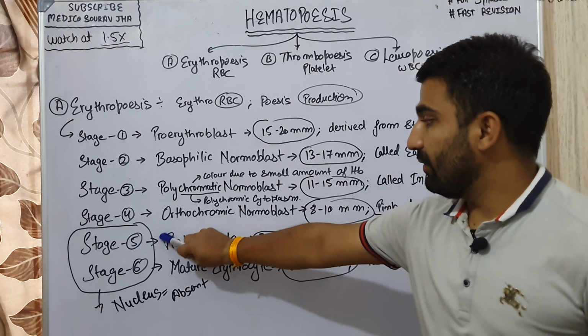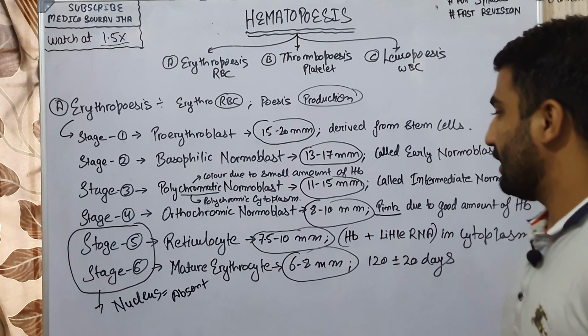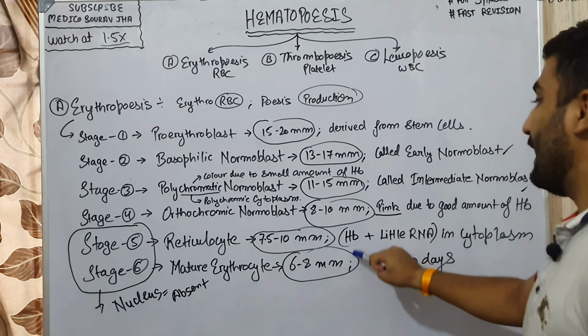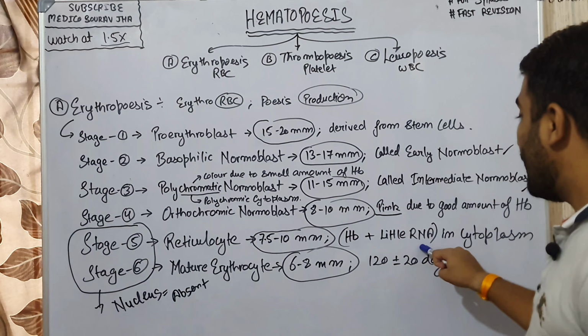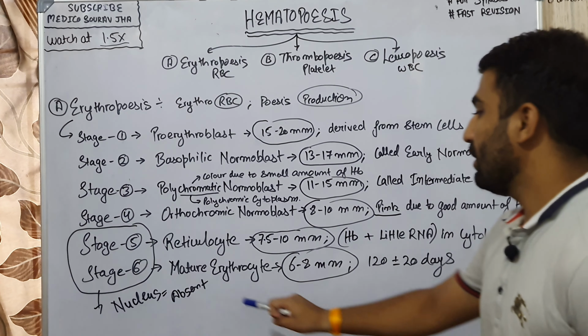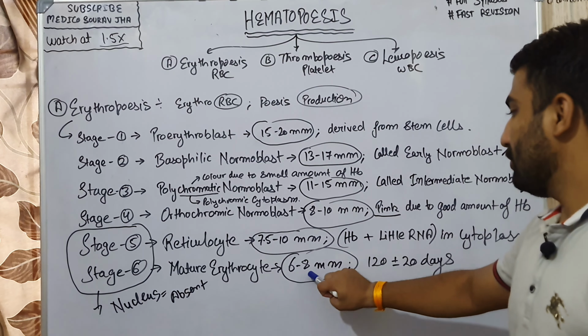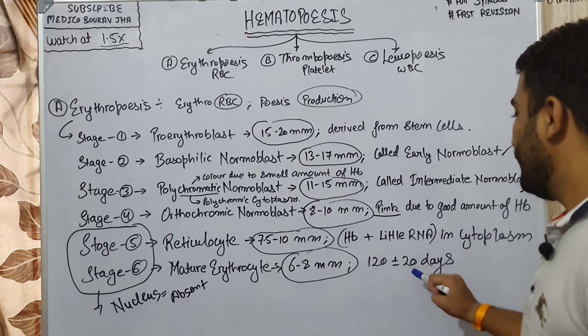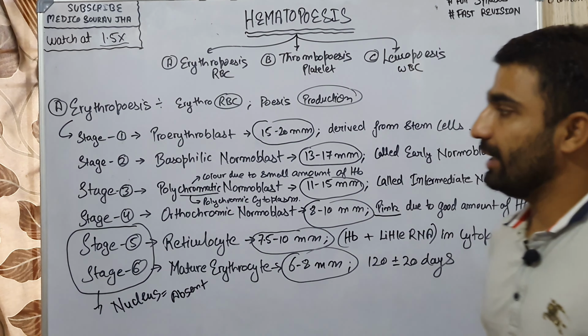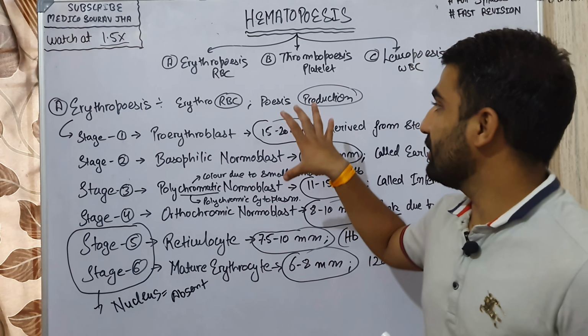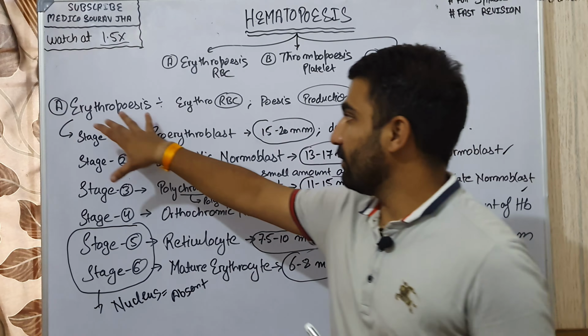So stage 5 and stage 6, nucleus is absent. Reticulocyte, 7.5 to 10 millimeter, HB is present. Little RNA is present in cytoplasm. Then stage 6, mature erythrocyte, 6 to 8 millimeter, with 120 days of lifespan of mature RBC. So here we have discussed briefly the process of erythropoiesis.